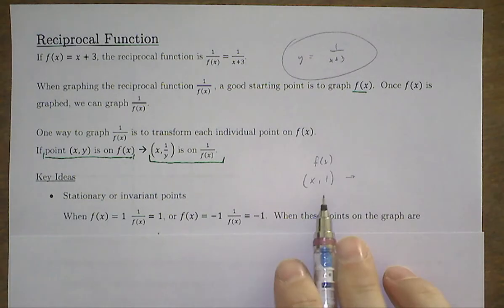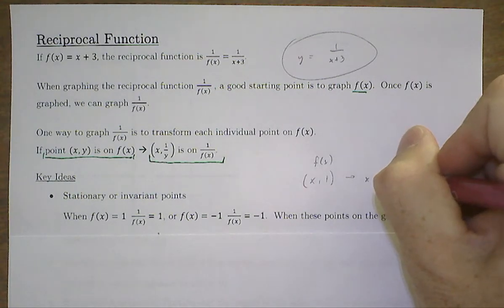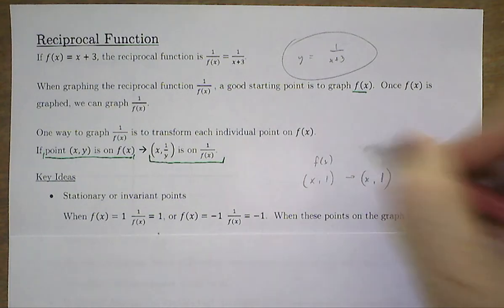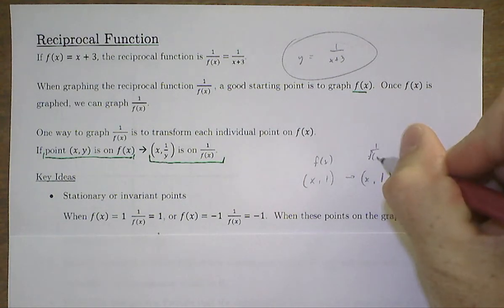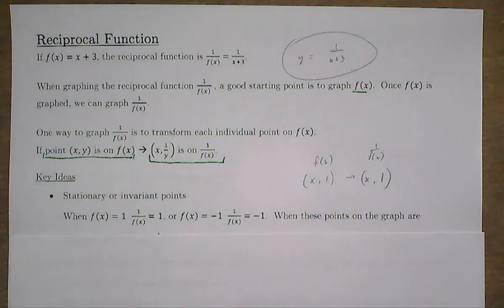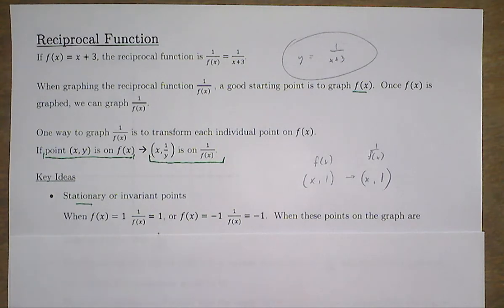Allow me to transform that. A point on the reciprocal function will be, you take the reciprocal of 1. What is the reciprocal of 1? It's 1. So the point stays the same, so we can say that it's stationary, or invariant, it does not vary.